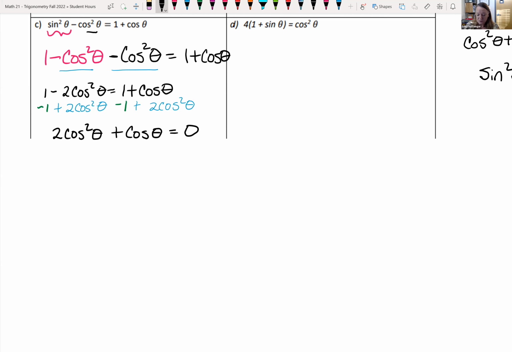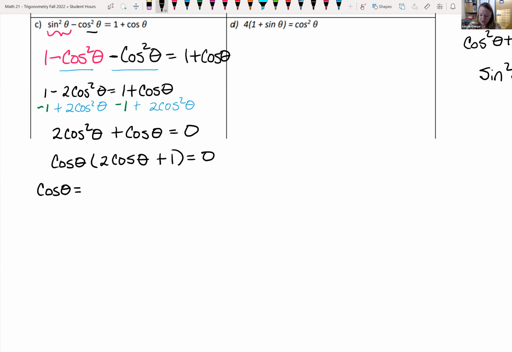Notice that both terms have 1 cosine theta in common, so we can factor that out, and that would give us cosine theta times 2 cosine theta plus 1 equals 0. Now that it's factored and set equal to 0, we can set each factor equal to 0 and solve.